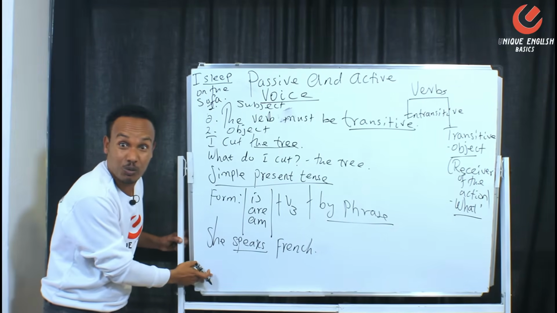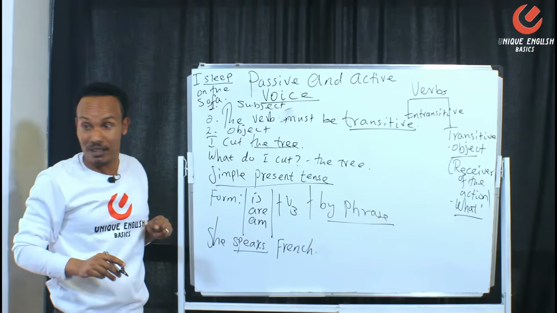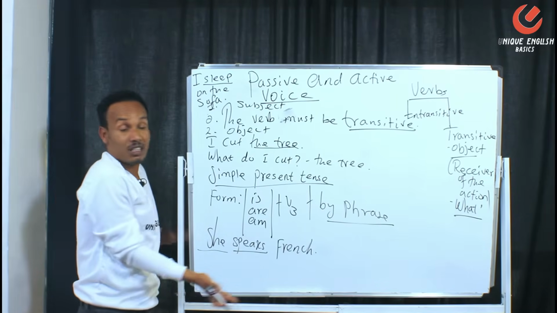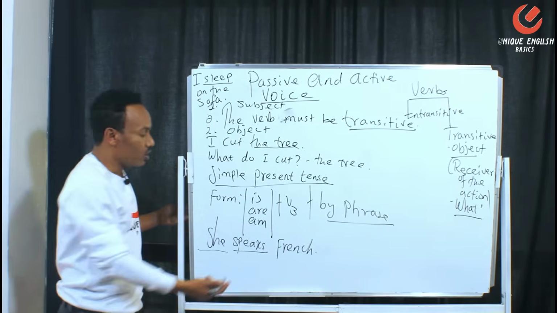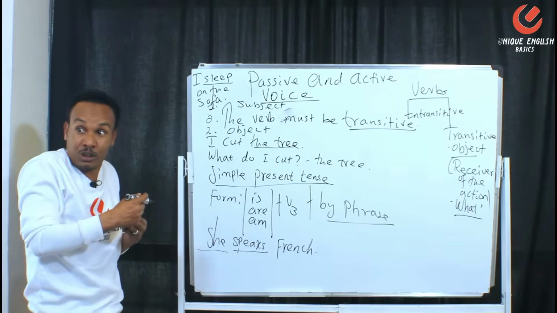She speaks what? French ትናገራለች ነው የሚለው አይደል? ተናጋሪዋ ማን ነች? What the doer of the action? እሺ ምን ድርጊት ነው የሚከናወነው? Speak verb ድርጊቱ ማለት verb ነው። ኦኬ ድርጊቱን የሚቀበለው ማን ነው? ፍሬንች ነው ማለት የሚነገረው ፍሬንች ነው አይደል?